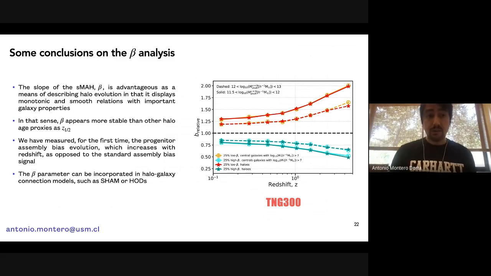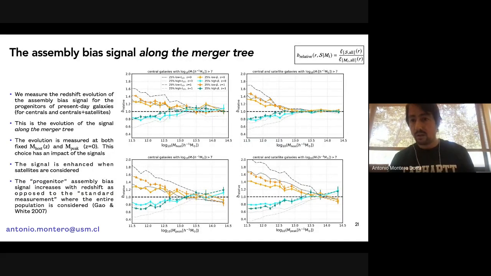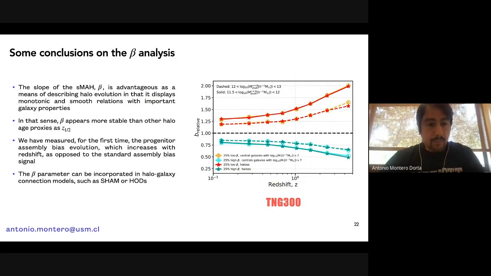One thing that is interesting as well is that here the assembly bias signal is actually a little larger for formation redshift as compared to beta, and I think this beta parameter can be incorporated in halo-galaxy connection models such as SHAM and HODs. We are already trying to do those things.